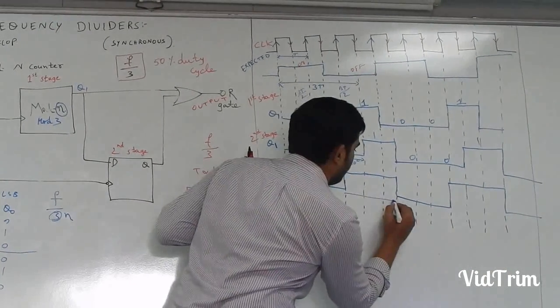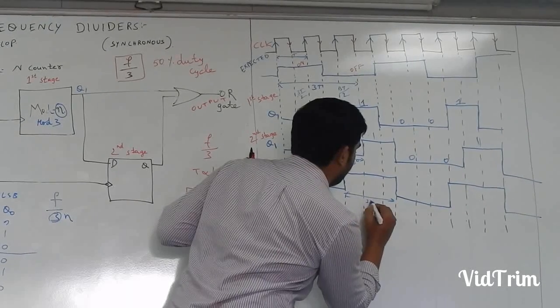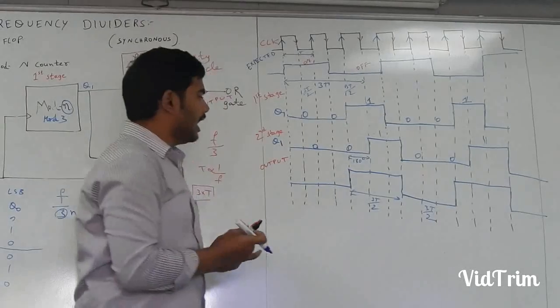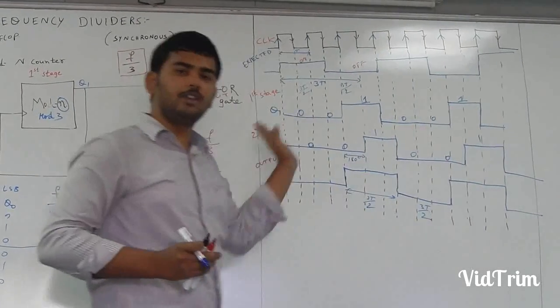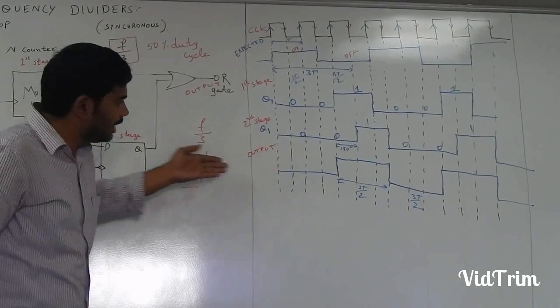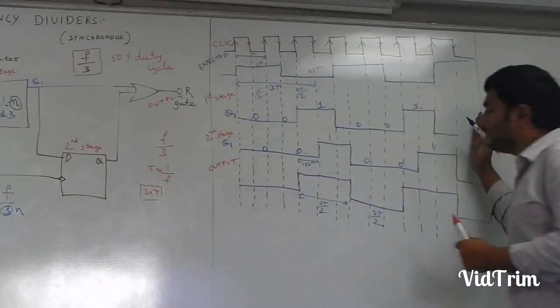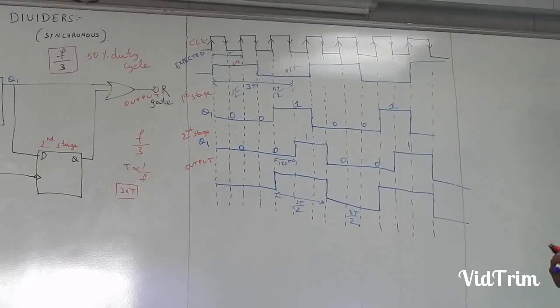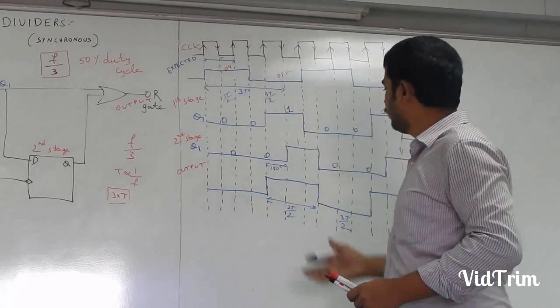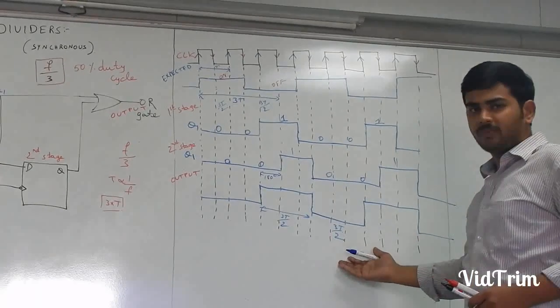So now this is 3T by 2 and this is 3T by 2. Accepted? And this sequence repeats from minus infinity to plus infinity like this. If you extend the left hand side, you will get the same, and if you extend the right hand side, you will get the same. So our expected waveform is 3T by 2 on, 3T by 2 off. And the same we got. And it's periodic.